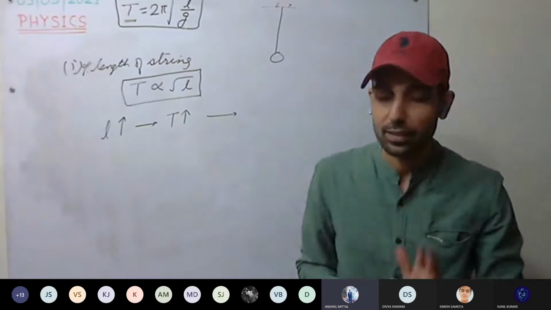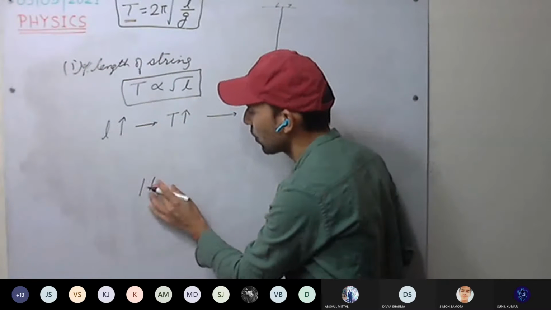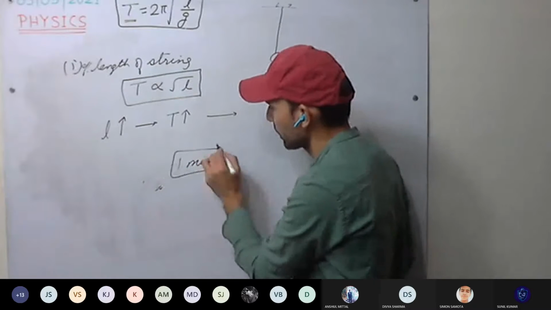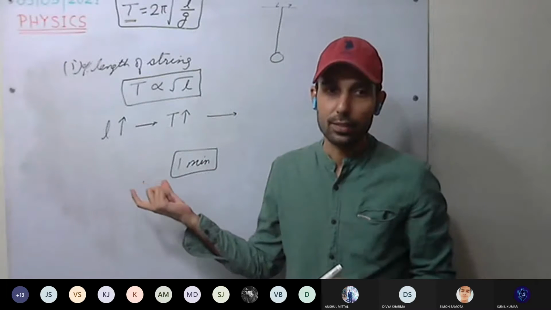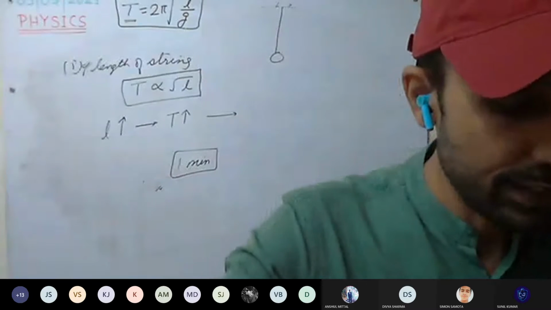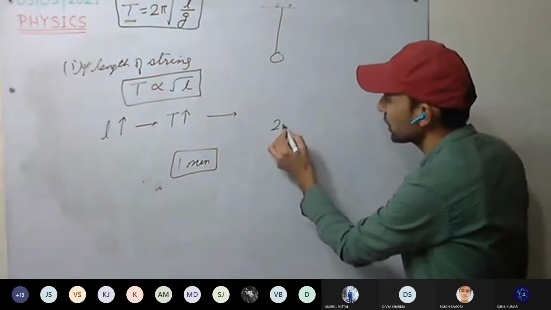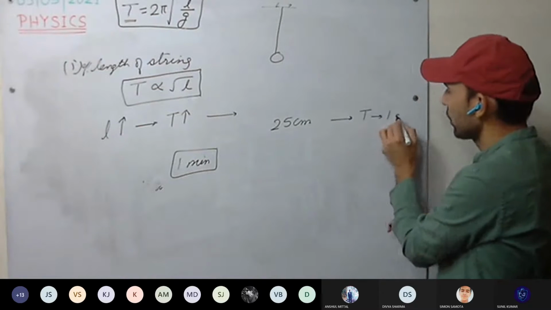Okay, one minute. We take it the other way. For example, we take 1 minute. Take the table, where the pendulum has 25 centimeters of length. From the table, when the length was 25 centimeters, what was the time period? 1 second.